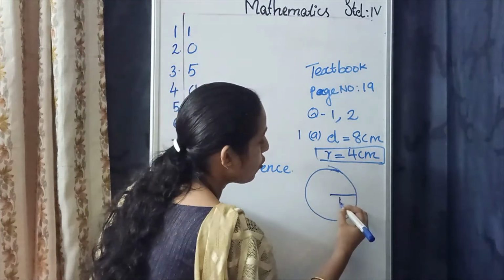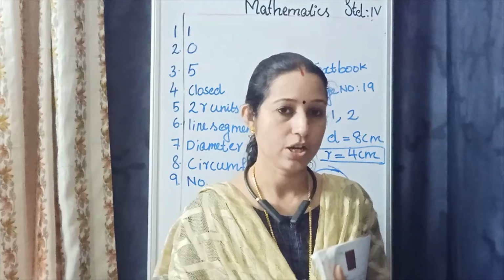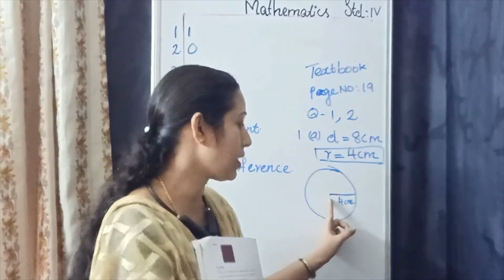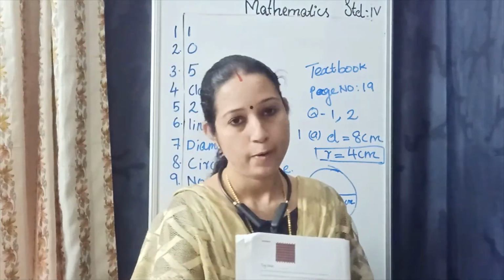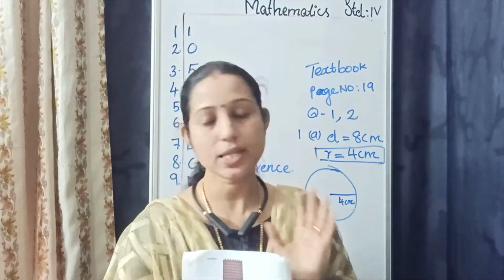If it is correct to 4 centimeter, your construction is correct. So after constructing the circle, just measure the radius. If the diameter is given, you find the radius, then draw the circle.